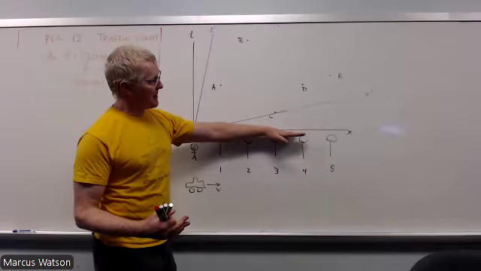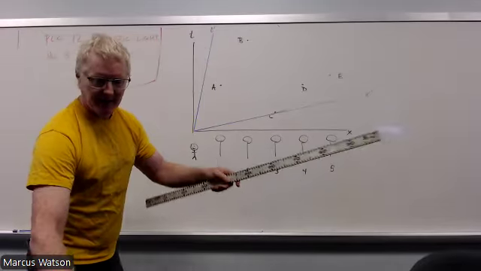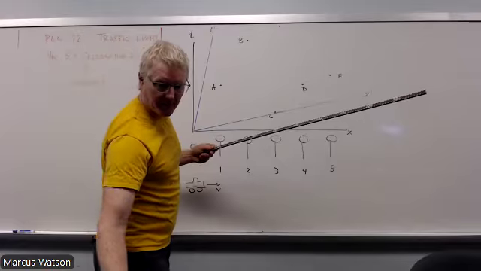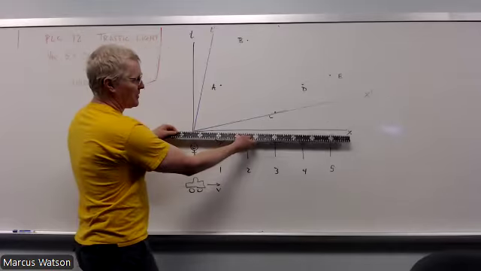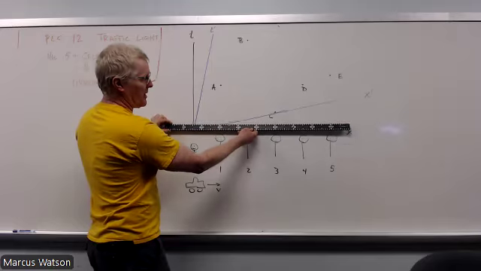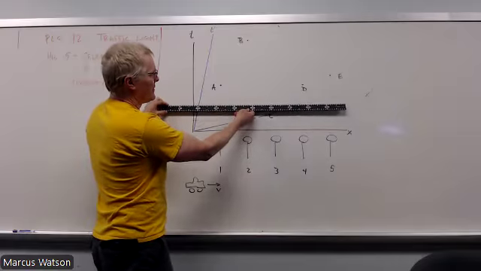So if I'm this person standing here judging which light turned on first, here's how I do it in my head. I take the ruler here and I just go parallel with the space axis and I just go up. What's the one I reach first? C. And then what do I reach?